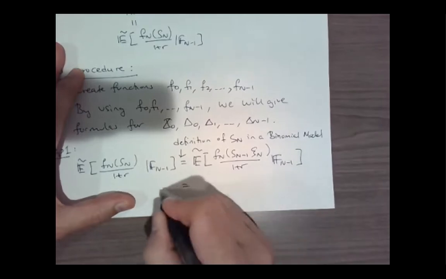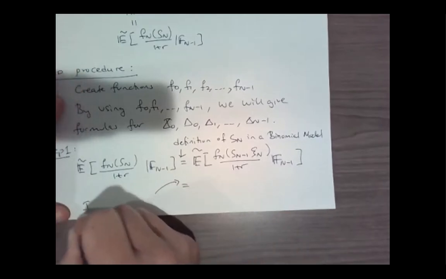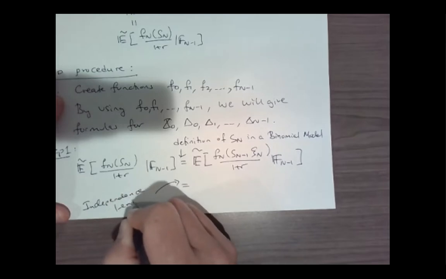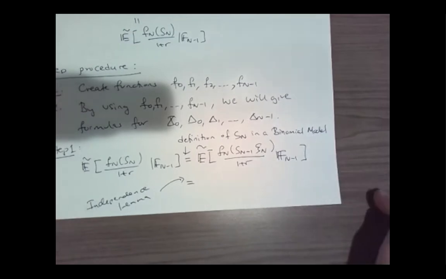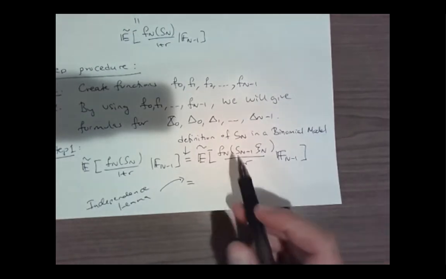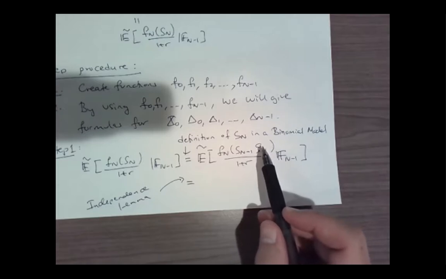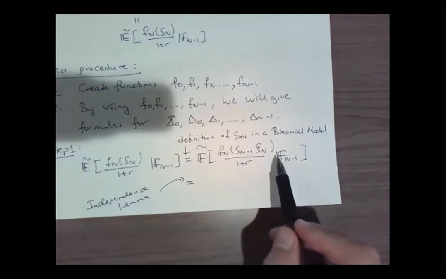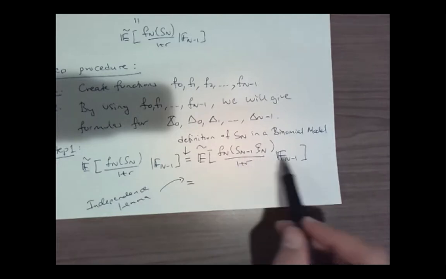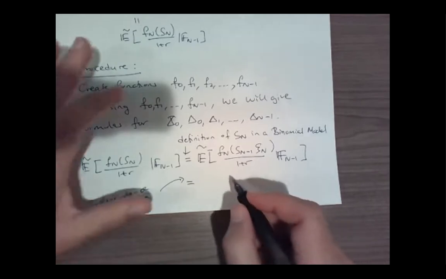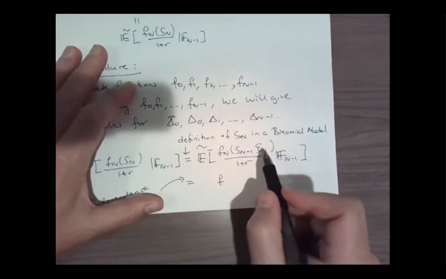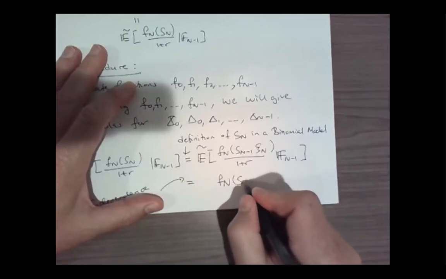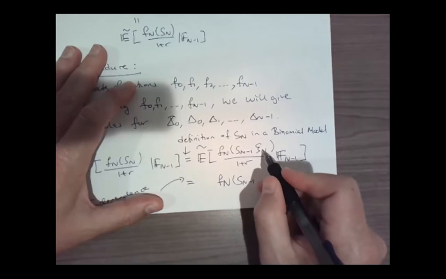And the next one is going to be the independence lemma. The independence lemma says that if you have a function of two independent random variables, one of them being measurable, you can compute this conditional expectation by taking the average over the independent component. So here we have f_N, and then S_{N-1}, and then psi can either be u or d.